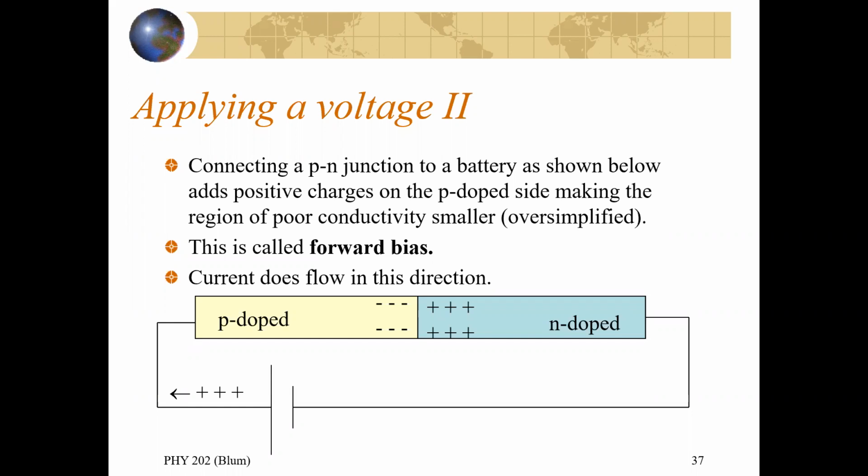And so what this thing does for us at this point is it allows us to go in one direction and not in the other. It forces a direction. This is going to be used to turn that AC in the wall into the DC we need in the computers.